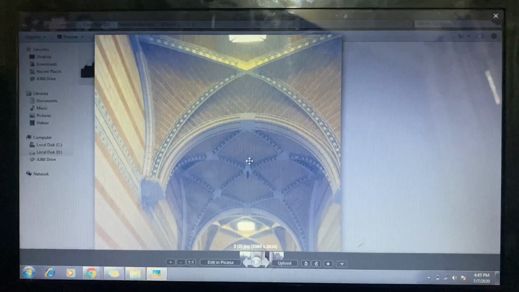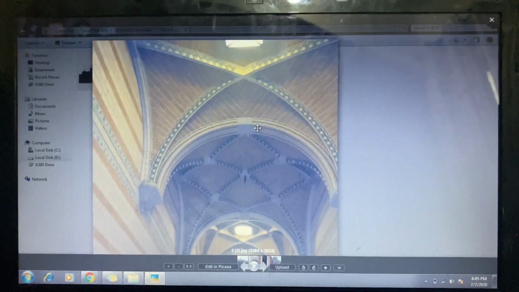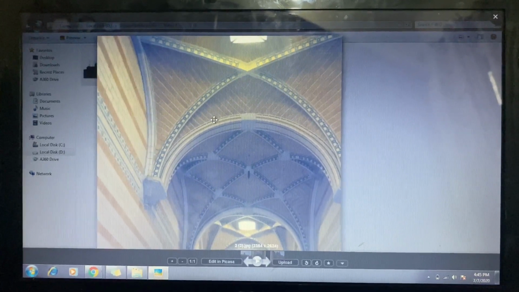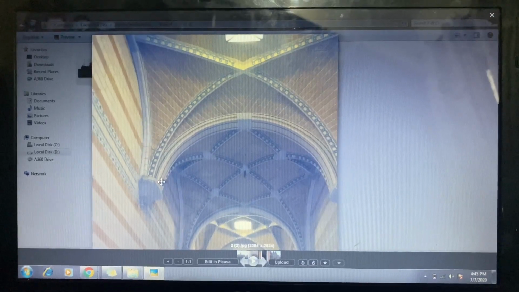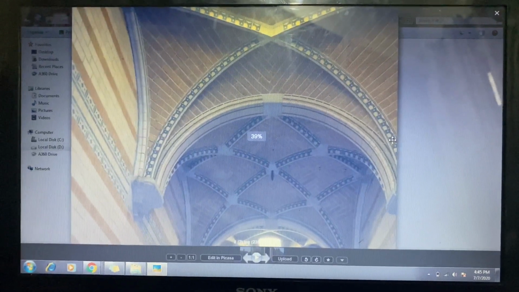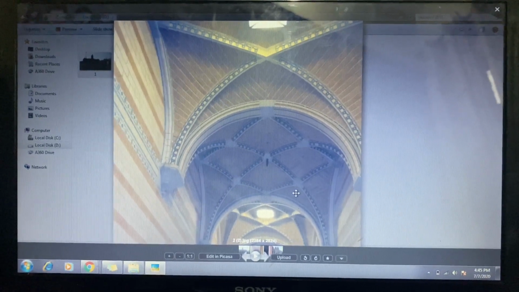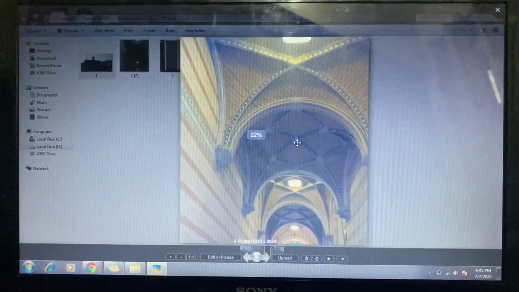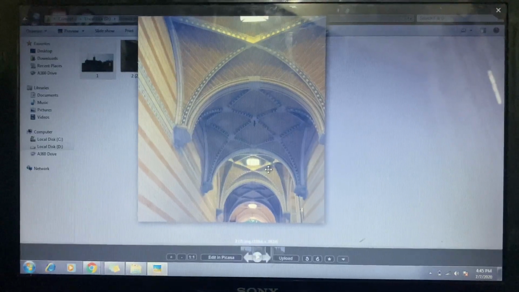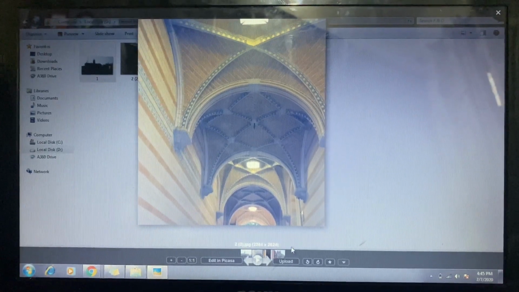This is a passage from a museum that I visited there. So look at this detail. The vault is designed so beautifully and so neatly. Vault is another architectural feature which is a very common thing there.